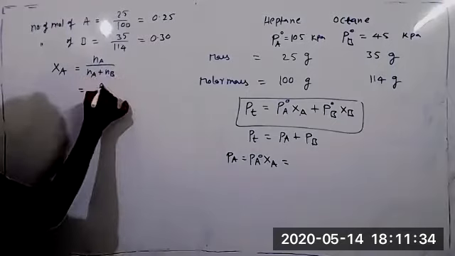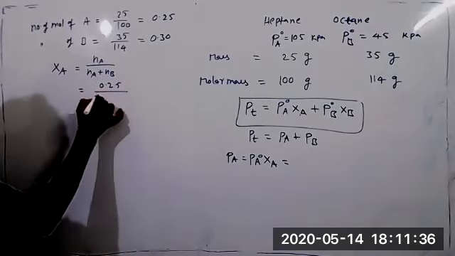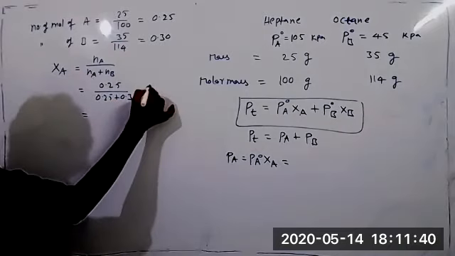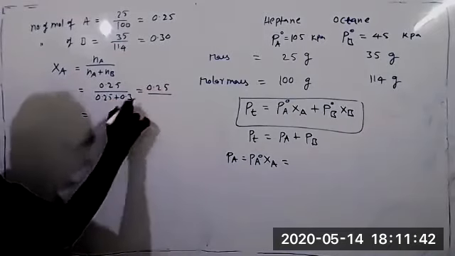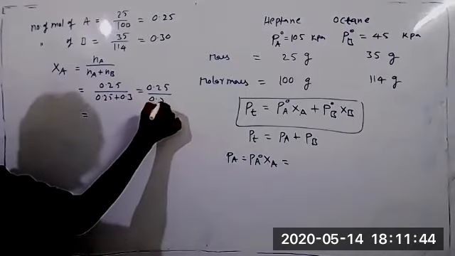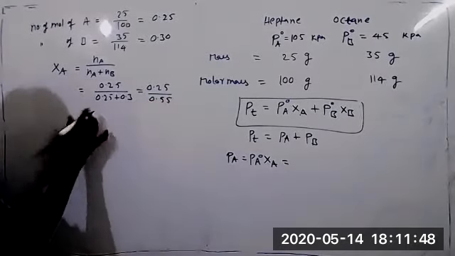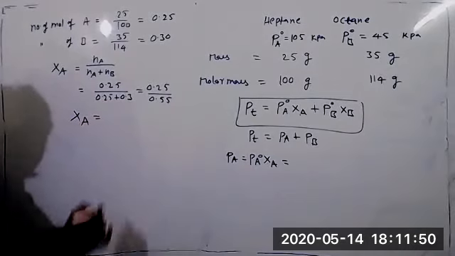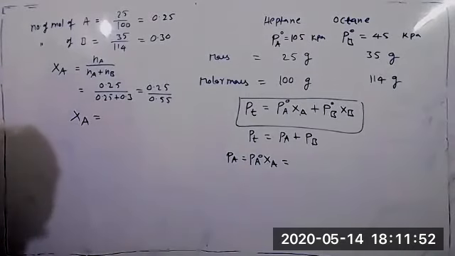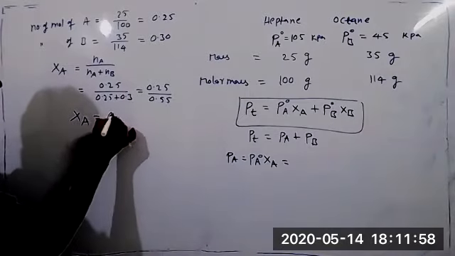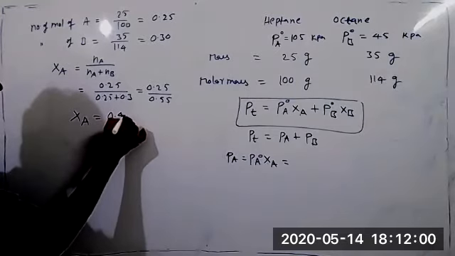A is 0.25, so 0.25 plus 0.3. 0.25 divided by 0.55. Calculate this: 25 divided by 55, so 0.454.